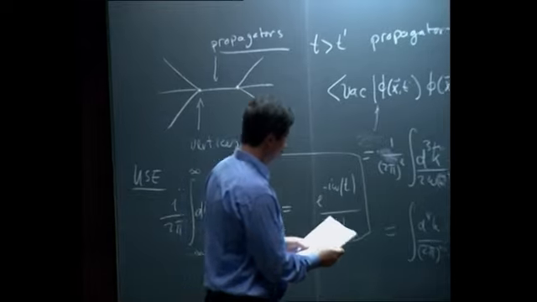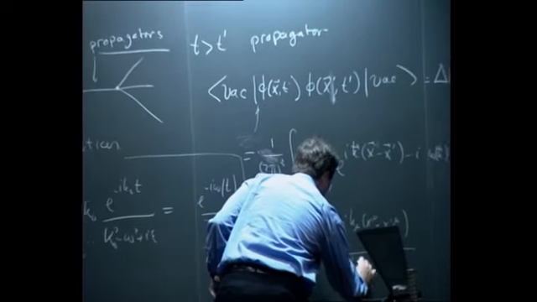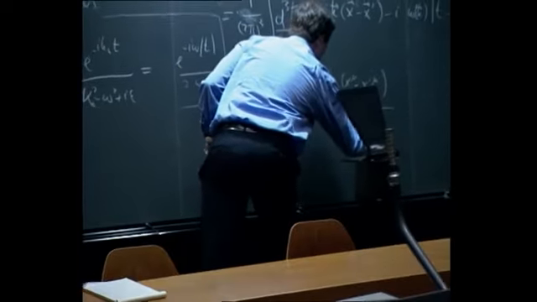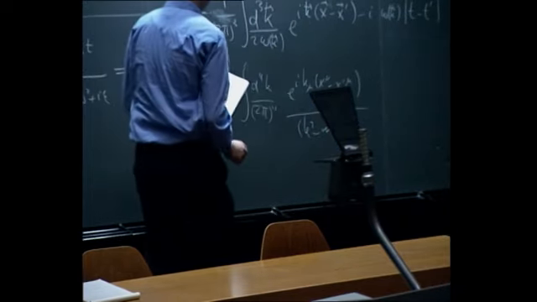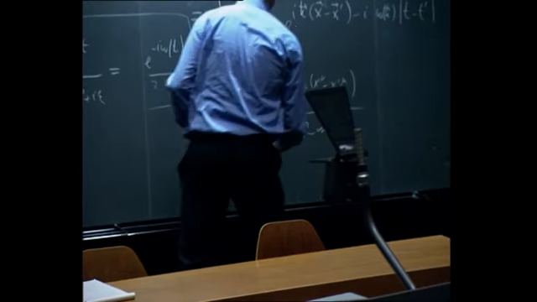And then in here I have k squared minus m squared plus i epsilon, with a factor of i.